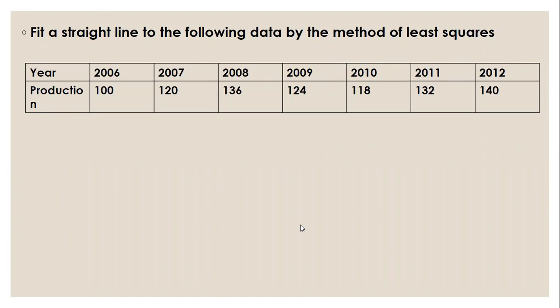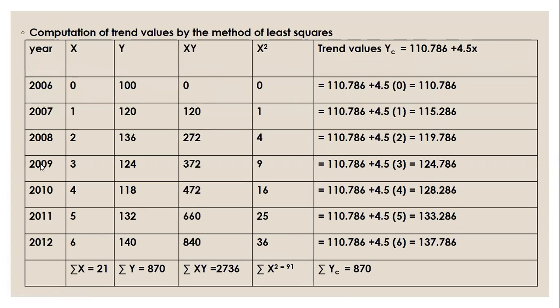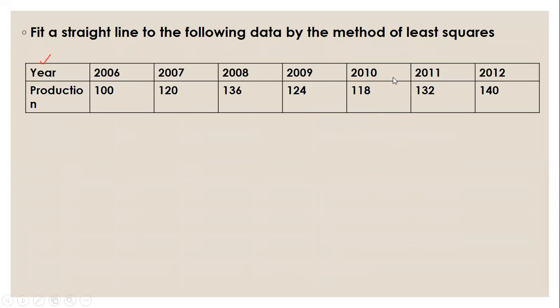Okay, so let us go to the solution. Now in the solution, you are supposed to understand how to do it. So first we will write down the years from the question: 6, 7, 8, 9, 10, 11, 12.